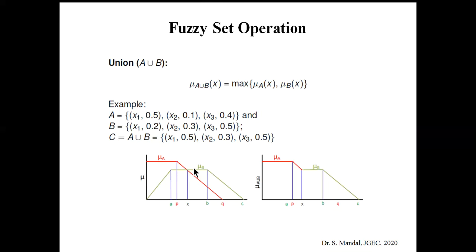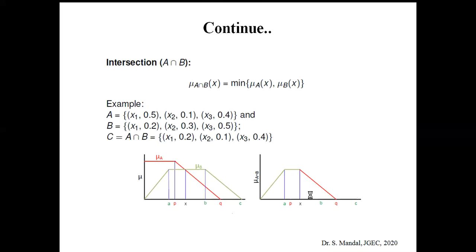If you perform the corresponding union operation, the output membership function will be the max of mu A and mu B. That means we want to get the maximum value of these two curves. That means this one maximum, this one maximum, this one maximum, and this one maximum. So ultimately the output will be this one. Okay, so this one is the union.